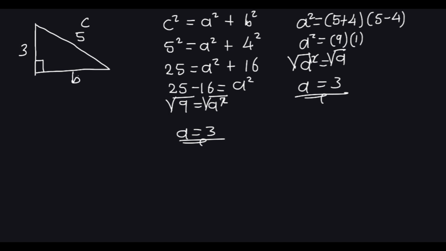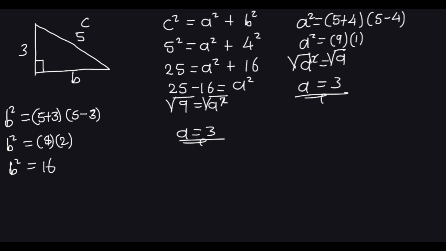So this is our B. So for us to find B, since B is one of the adjacents, we can say B squared is equal to, so we add 5 plus 3 multiplied by 5 minus 3. So here we have squared. 5 plus 3 is 8. 5 minus 3 is 2. Then B squared is equal to 8 times 2 is 16. Then we can find the square root of B squared and also the square root of 16. So we can see that we are able to get our B.